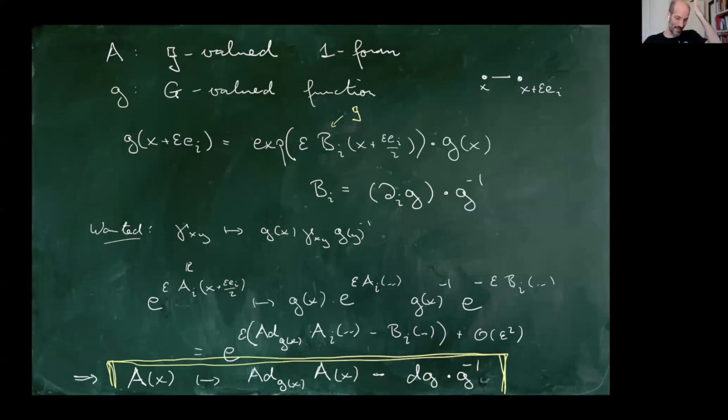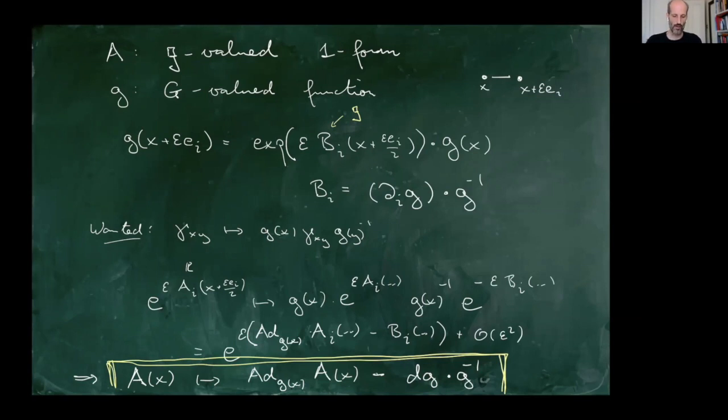Okay. Yeah, so what I was saying is that what this little calculation shows is that the analog of the gammas is a one form with values in the Lie algebra. The analog of the Gage group is again G-valued functions, but now it's smooth functions on the continuum space.